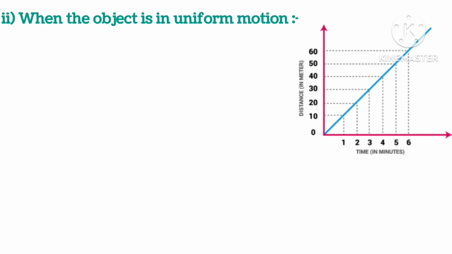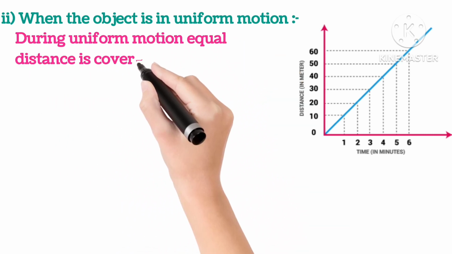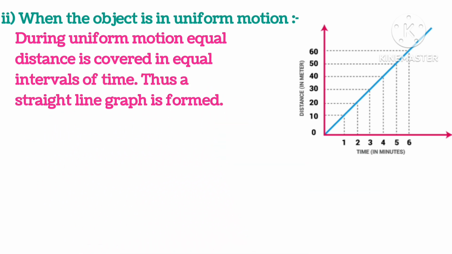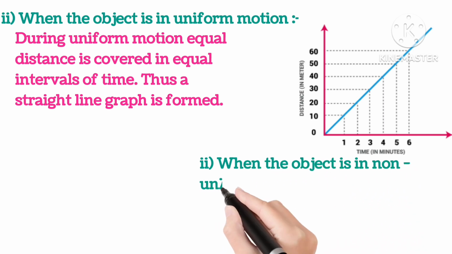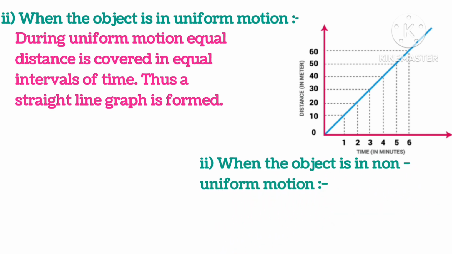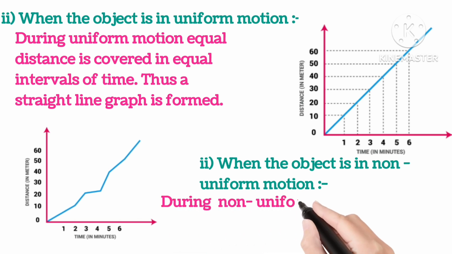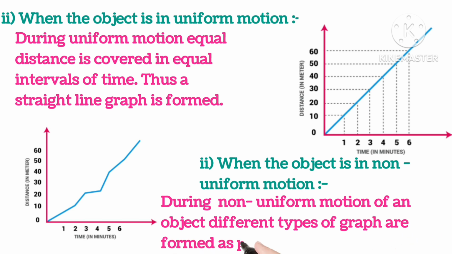When the object is in uniform motion, equal distance is covered in equal intervals of time, thus a straight line graph is formed. When the object is in non-uniform motion, different types of graphs are formed as per the motion of the body.